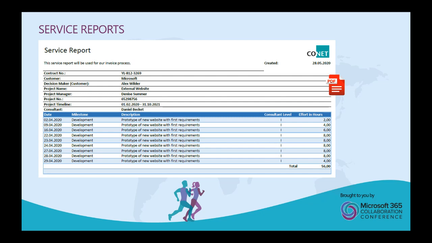And then we need some project relevant information. So what's the project name? Who's the project manager who has to do the second check when we get the signed version from the customer?